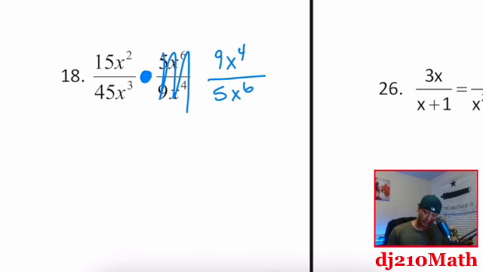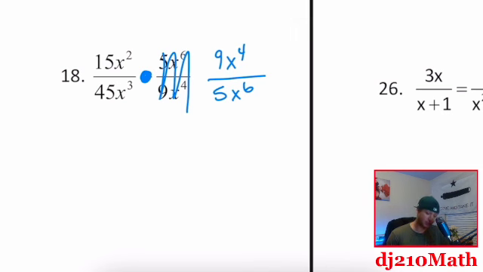Okay. Start canceling. So there are 2 x's on top. Let's put these together. Let's do the numbers first.